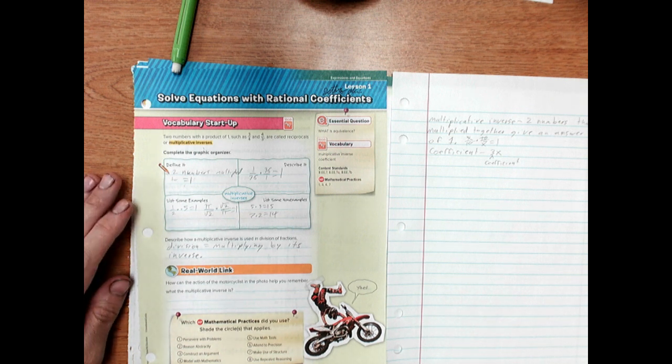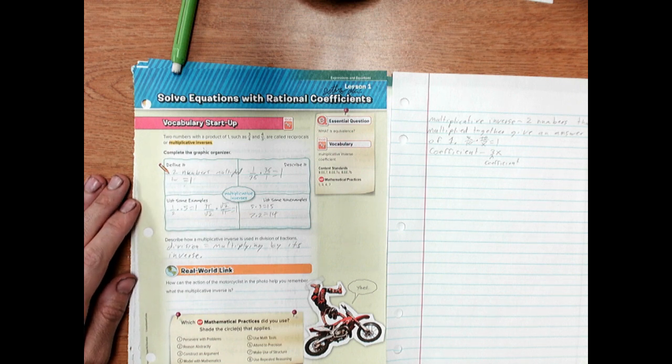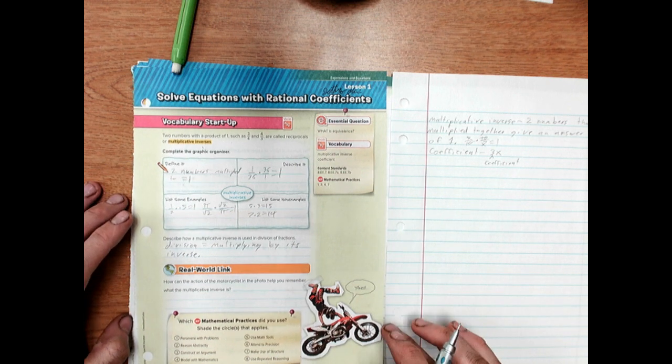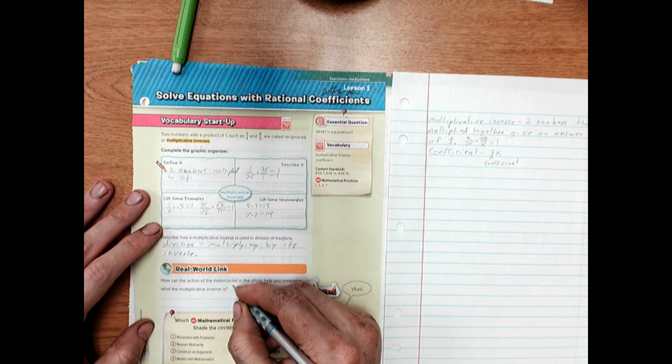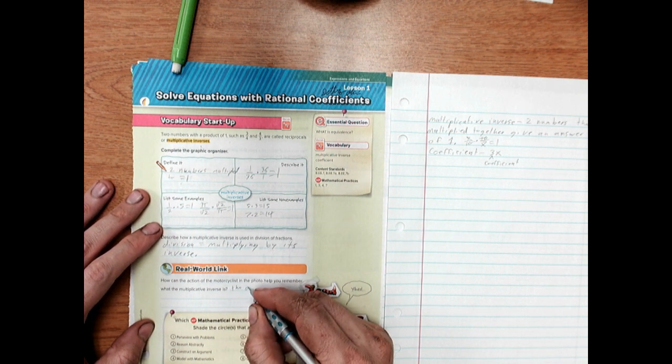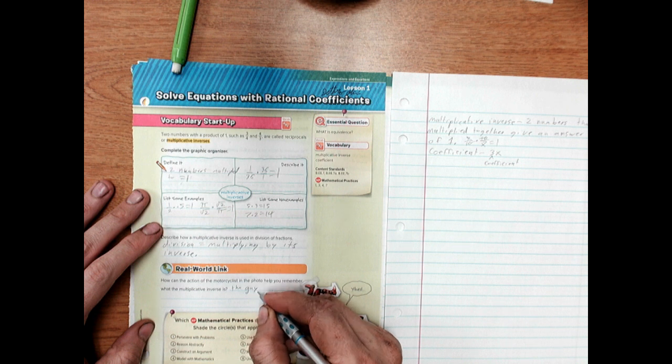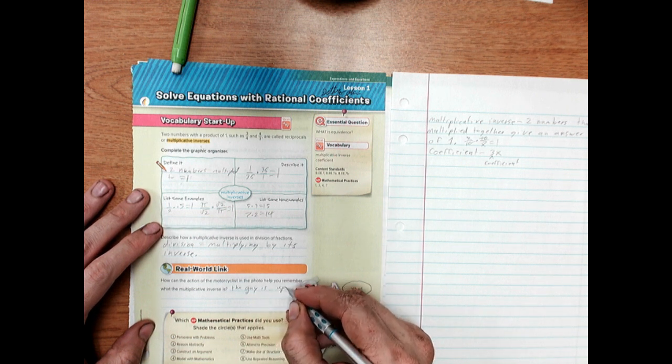The motorcyclist is upside down, and we flip a fraction upside down. Okay, I guess that'll work. The guy is upside down.